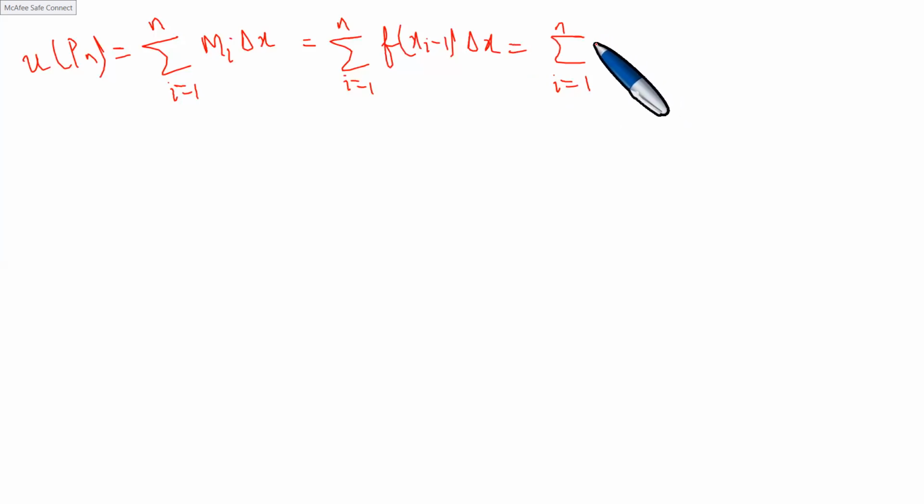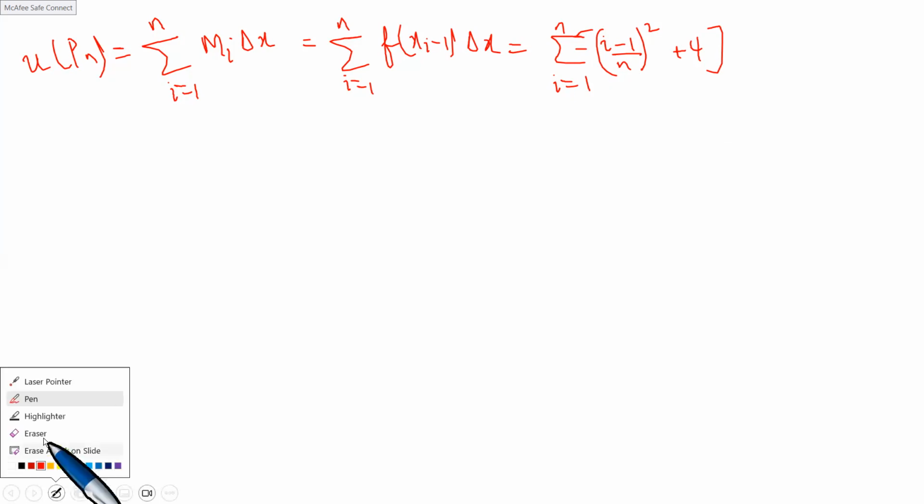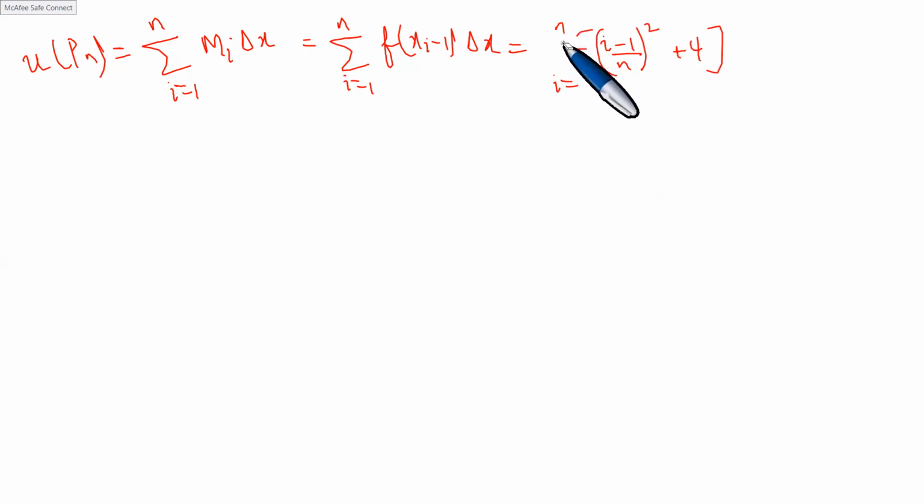So it's going to be minus (i minus 1 over n) squared plus 4. That is the function here.